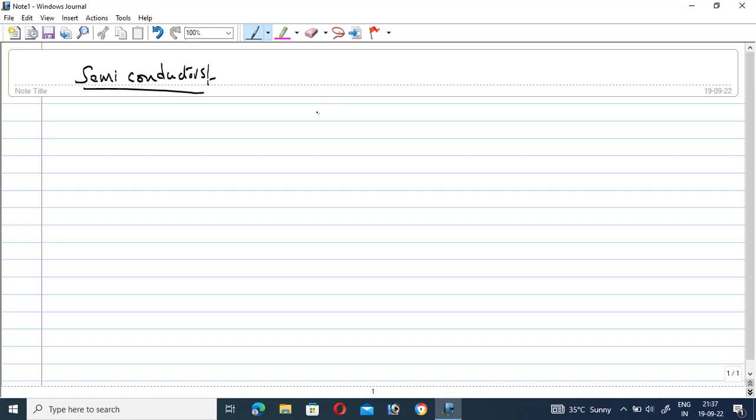Suppose this is a conductor, this is an insulator. In between, it acts as a semiconductor. Here the properties of the semiconductor lie between the conductor as well as the insulator.